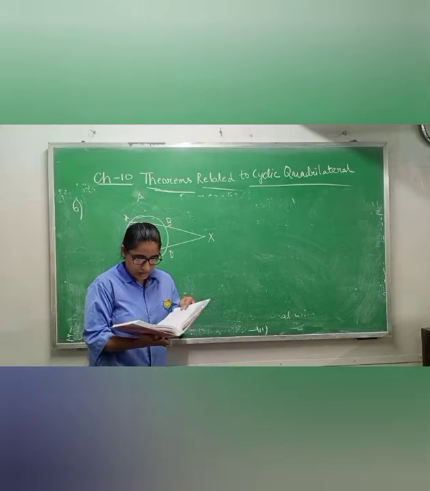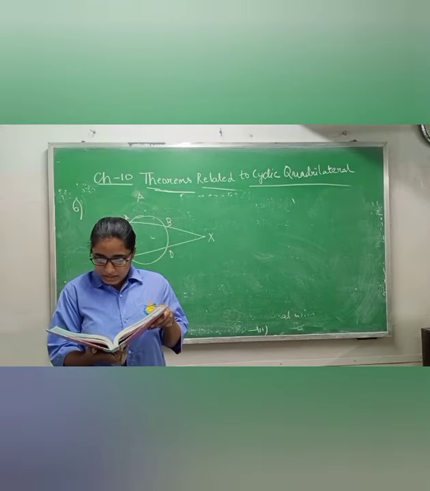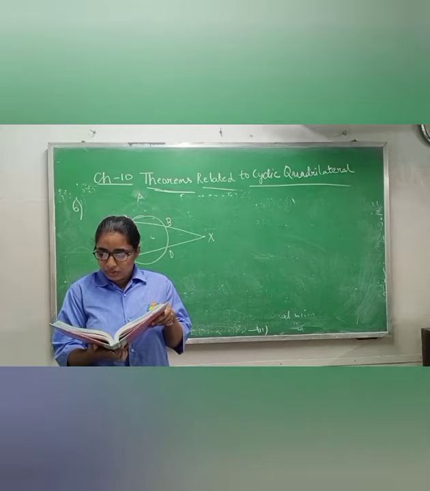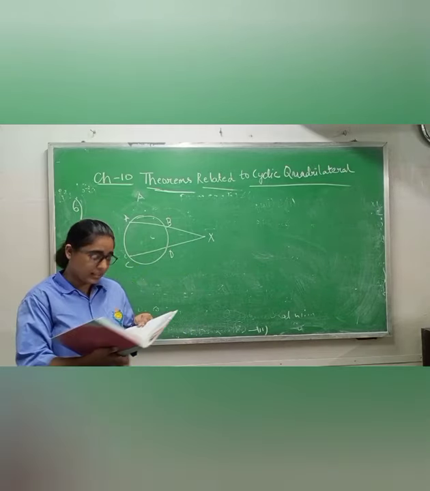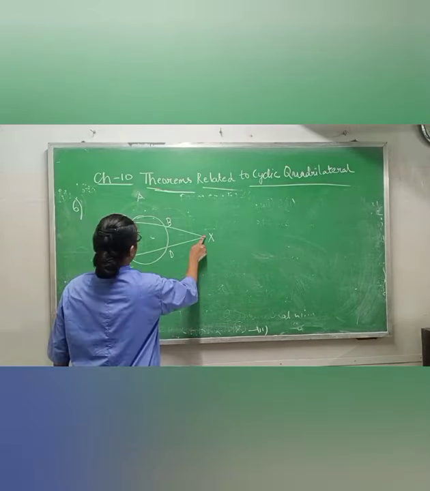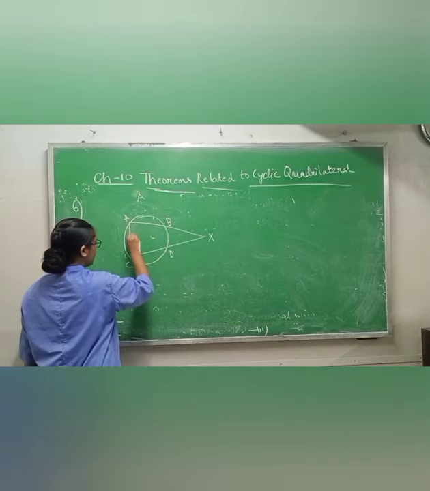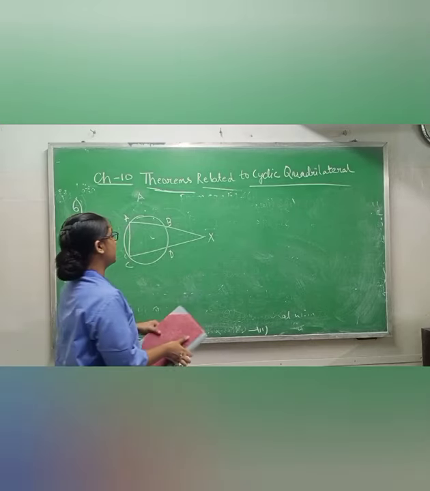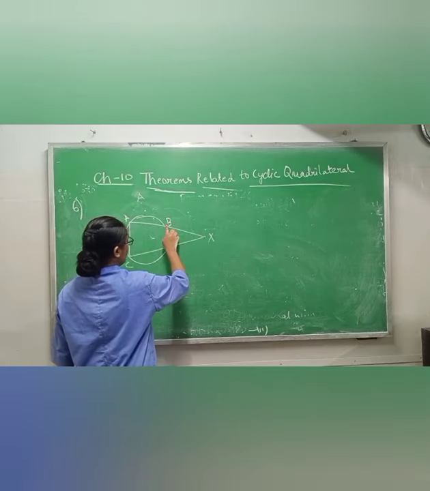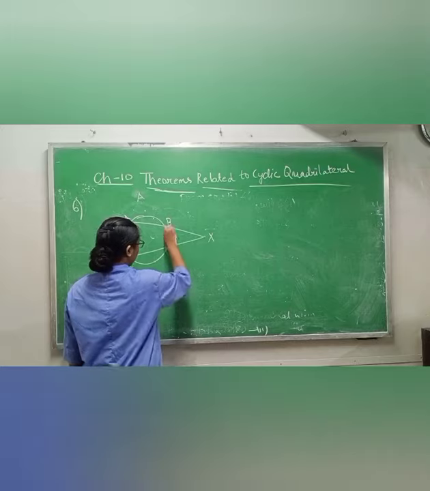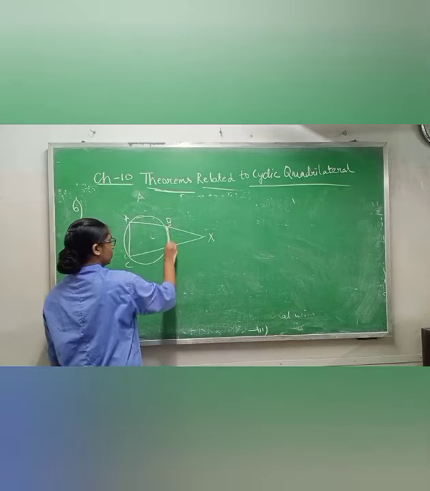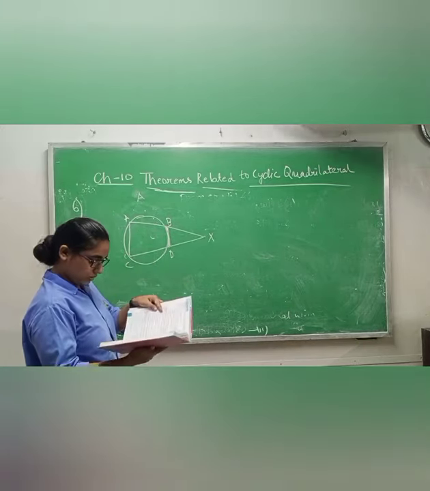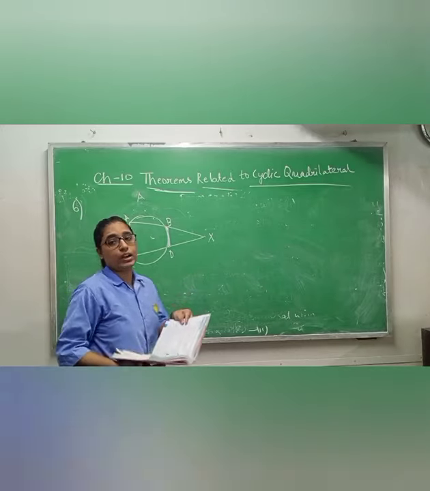Okay, after that they are saying: let us prove with reason that triangle XAC, which means this triangle, and triangle XBD, which means this triangle, you have to draw a line, are equiangular.